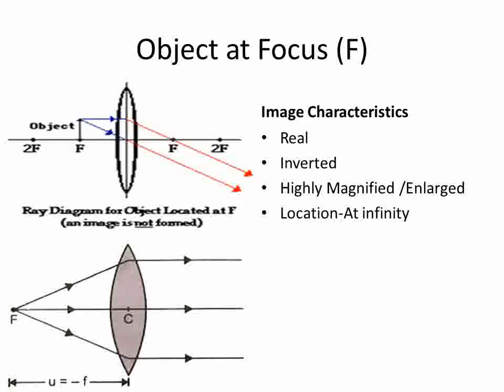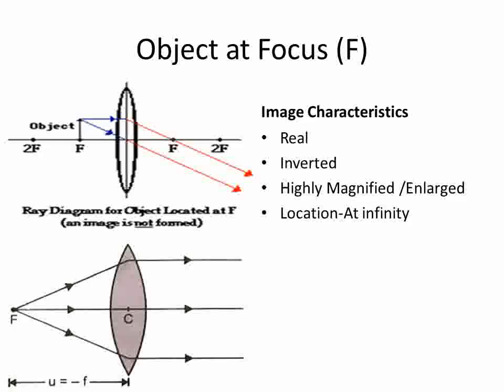This is assumed. Therefore, the image is formed at infinity. And characteristics of the image: real. Real means light rays really intersect. Inverted image, real images are always inverted. Highly magnified, larger in size, and location at infinity.